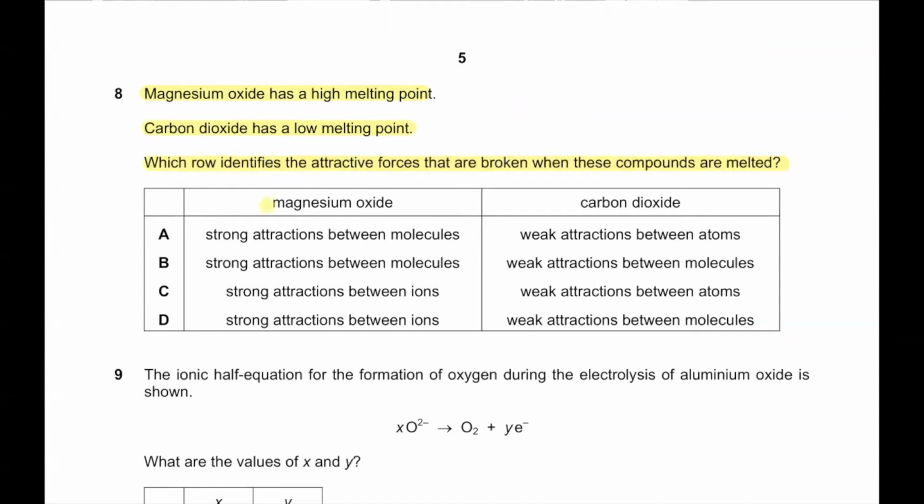When we talk about magnesium oxide, we know that magnesium oxide has an ionic bond. So there will be electrostatic force of attraction between them, which is a strong force of attraction.